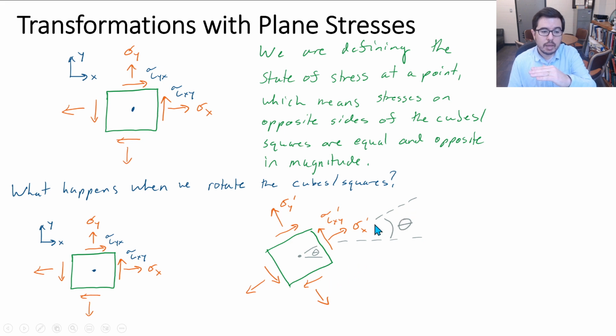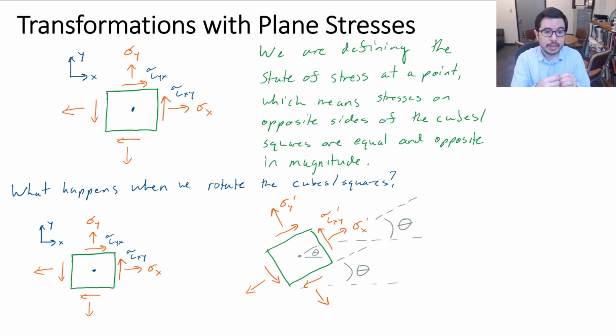And we're interested in the stress in this x prime direction, the shear stress in the tau x prime, y prime direction, and the normal stress in the sigma y prime direction. And there's an opportunity to choose one of two angles. When we start building triangles up, it's either theta or 90 minus theta, I'm sorry.